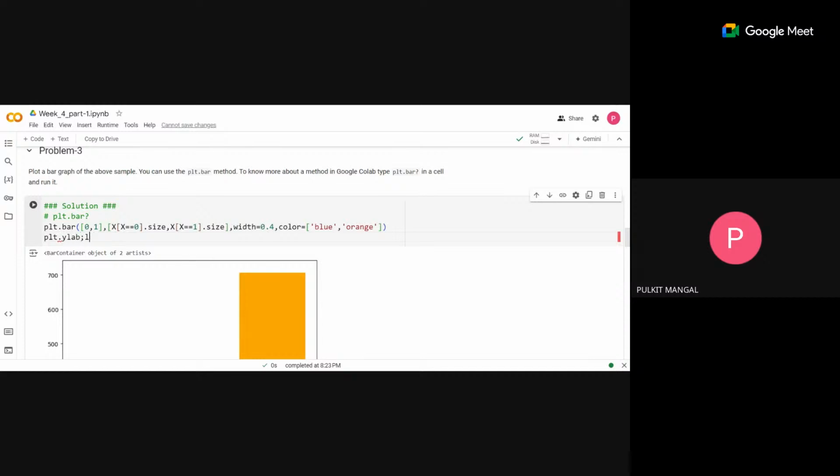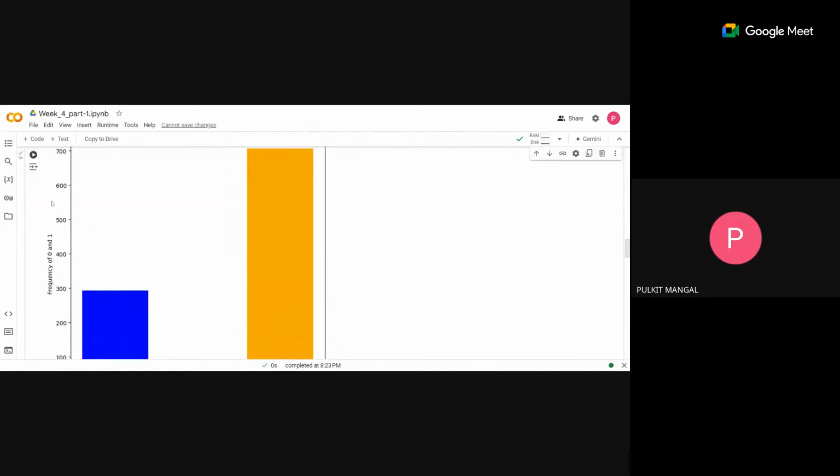There is this function in plt, that is ylabel, in which you can just type the frequency of 0 and 1. I run this, just see this. Here this label is given.